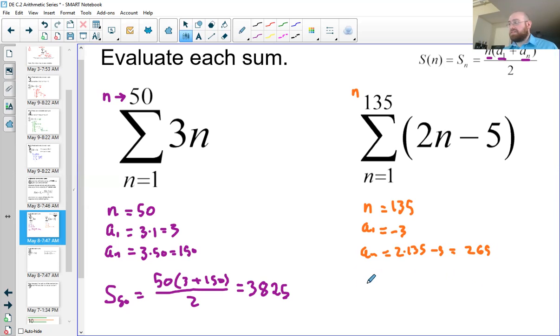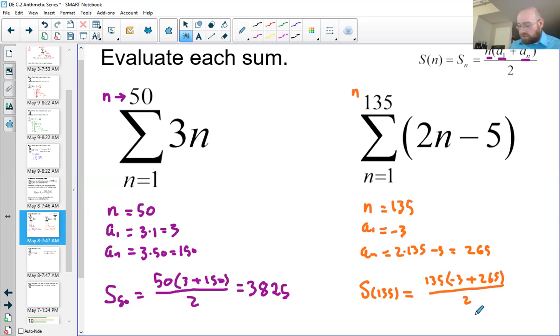So our formula says that S of 135, notice that you can use the subscript or the parentheses, is going to equal n, so 135 times (-3 plus 265), all divided by 2.